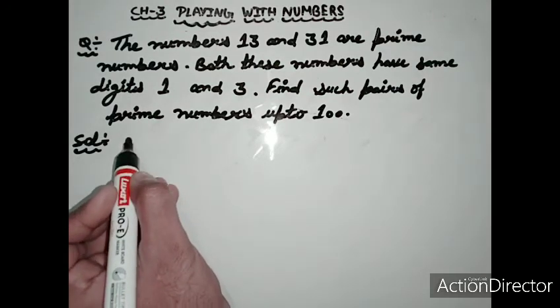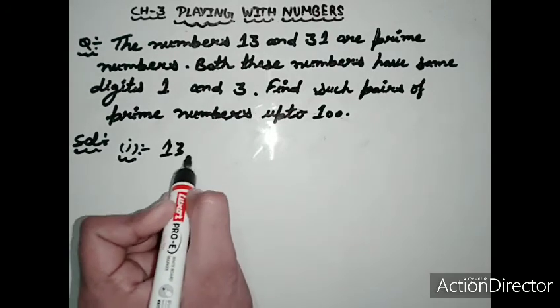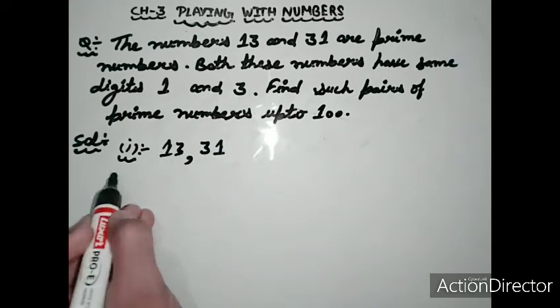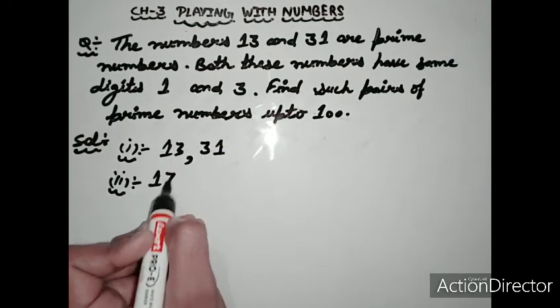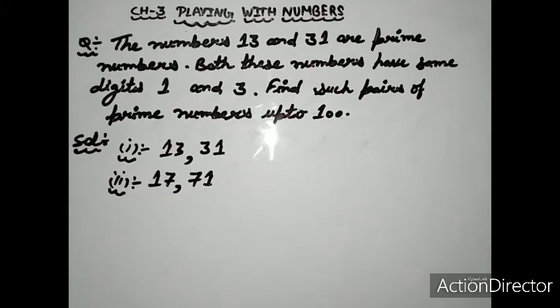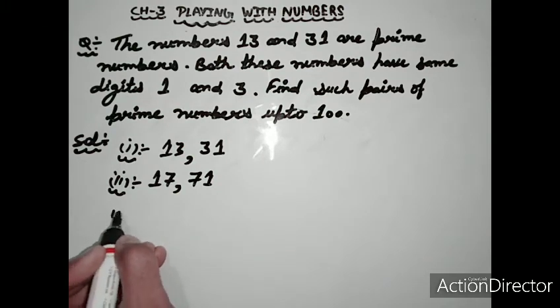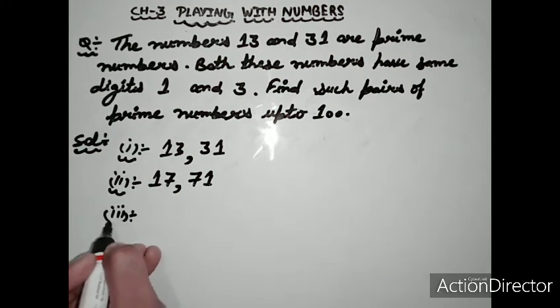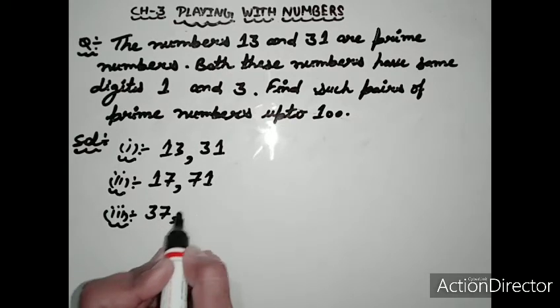So these pairs are, the first pair is already given here, 13 and 31, and the second pair is 17 and 71. These two are prime numbers which have the same digits. Now the third pair of numbers, 37 and 73.